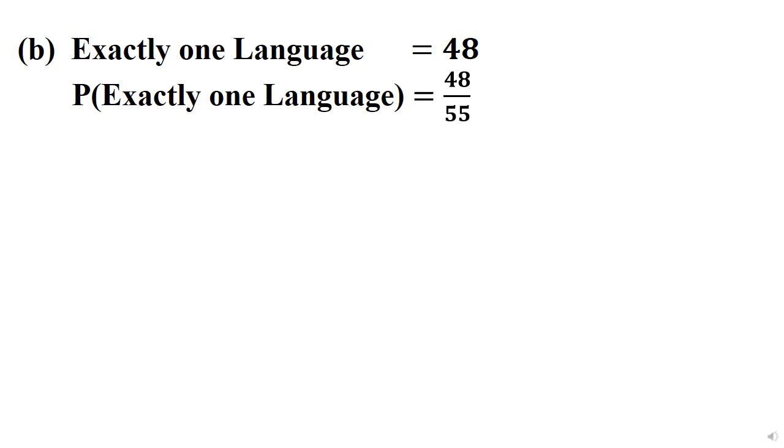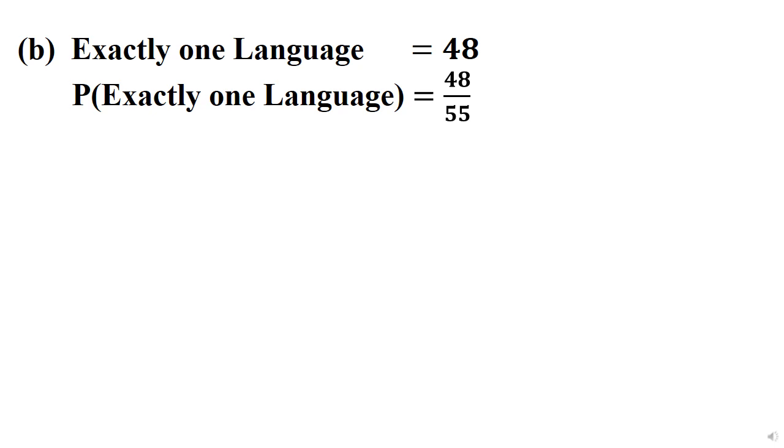So P, which is probability, of exactly one language, is equal to 48, which is the total number of students who study exactly one language, on 55, which is the universal set U. So the probability that a student studies exactly one language is equal to 48 over 55.